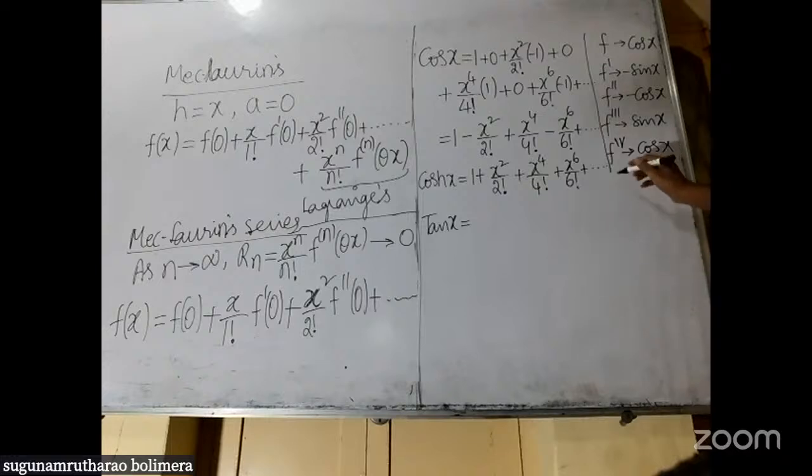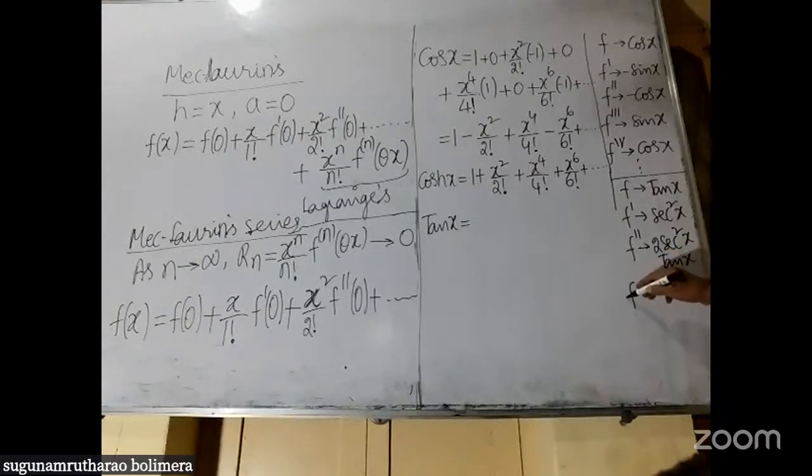If you are writing f as tan x, f dash is secant square x, f double dash is 2 secant x into secant x tan x. So the derivative of secant square is 2 secant x times secant x tan x, which is nothing but 2 secant square x tan x.